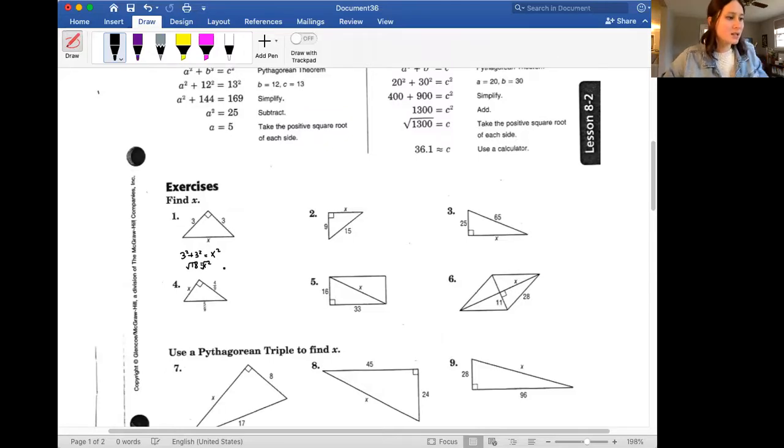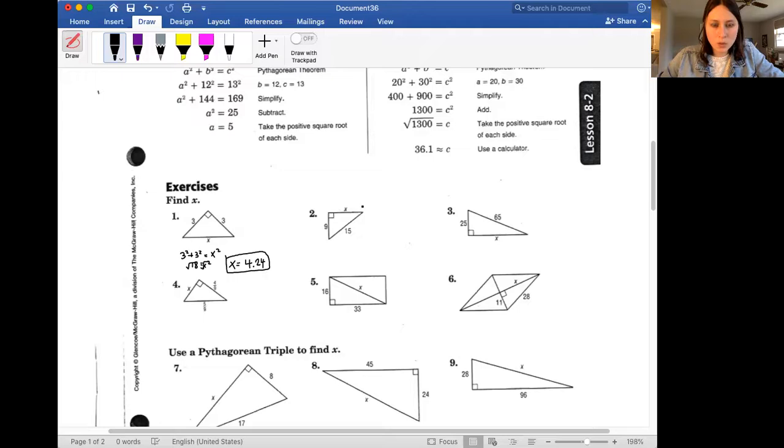So the square root of 18 is our answer, and you can write that as a decimal as well, which is 4.24. If you want to write your answer as a decimal or a square root, that's fine with me.